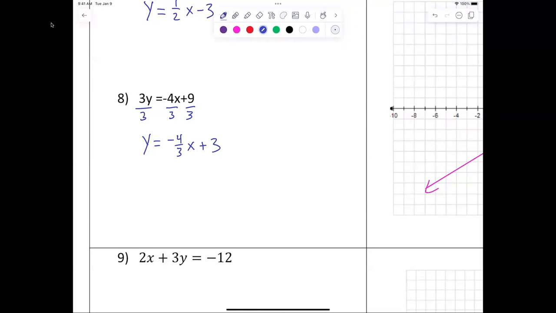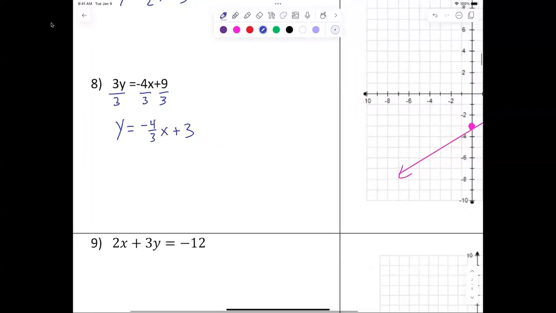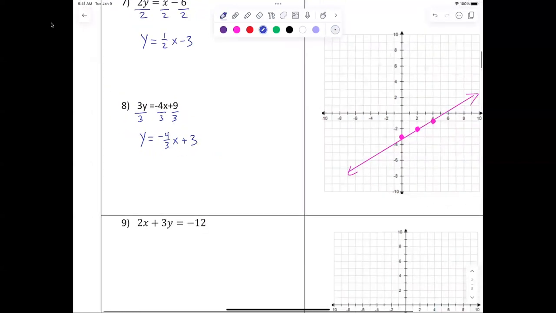All right, Maggie. How do I graph this, please? Listen to this explanation. Nope. I need a point first. I need a point first. Liv, tell her. 0, 3.